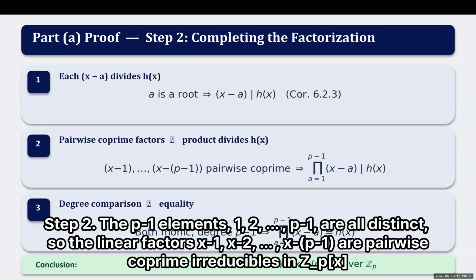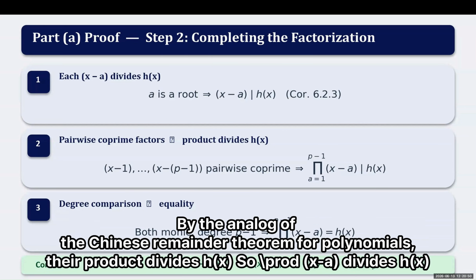So the linear factors x-1, x-2, up to x-(p-1) are pairwise coprime irreducibles in F_p[x]. By the analog of the Chinese remainder theorem for polynomials, their product divides h(x). So the product of (x-a) divides h(x).